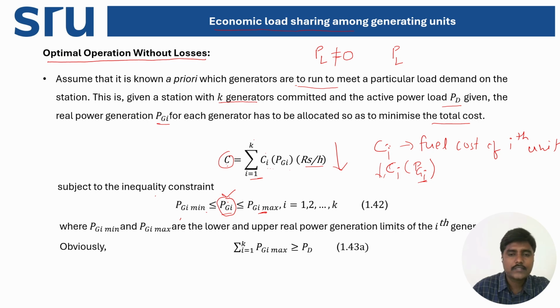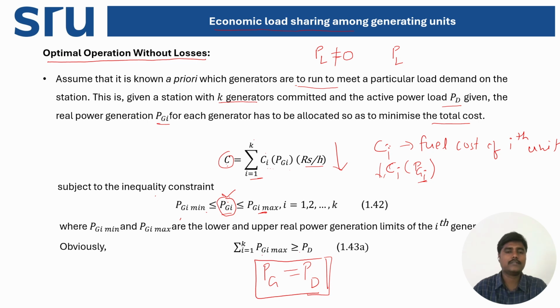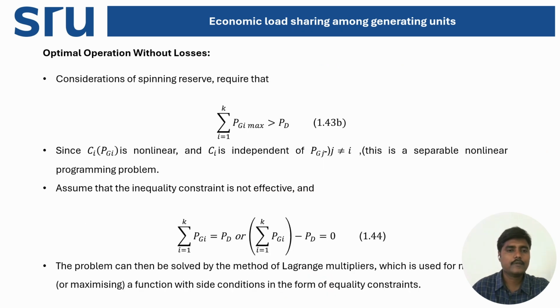Always, the power generation of all the units, if you take the sum, should be equal to the power demand. So the total power generation should be equal to the total power demand. And of course here we have neglected the transmission losses. For this case, you also need to take care of spinning reserve.